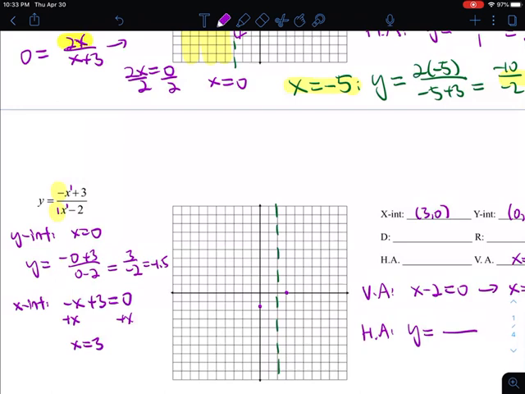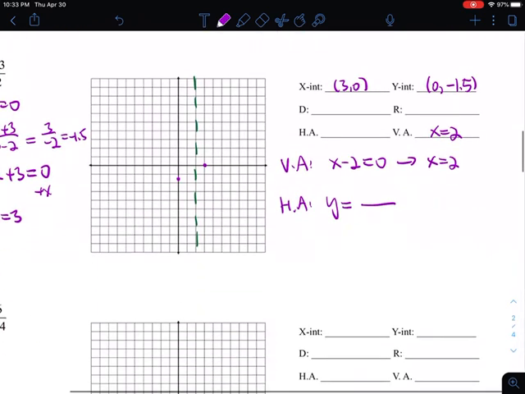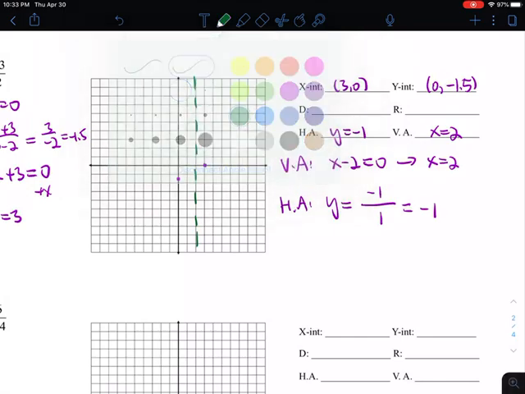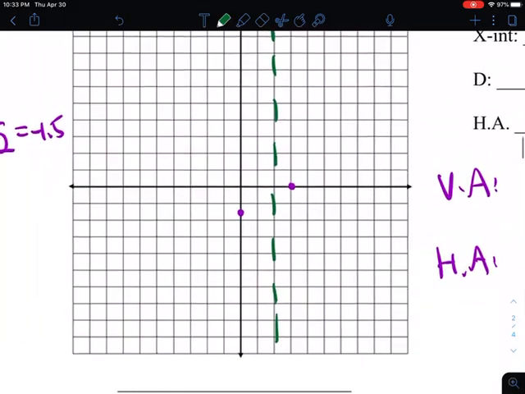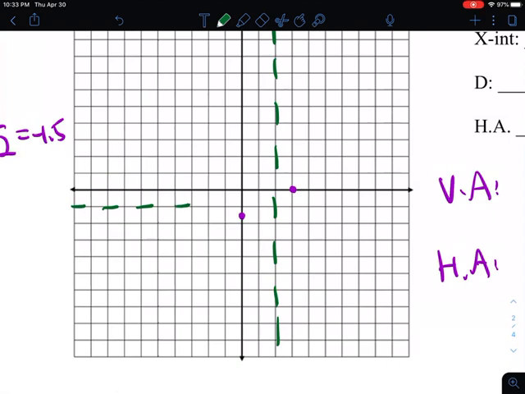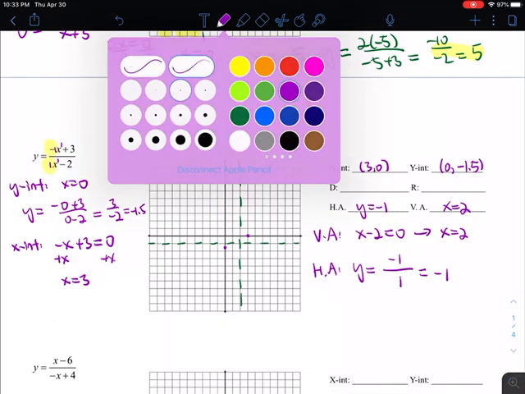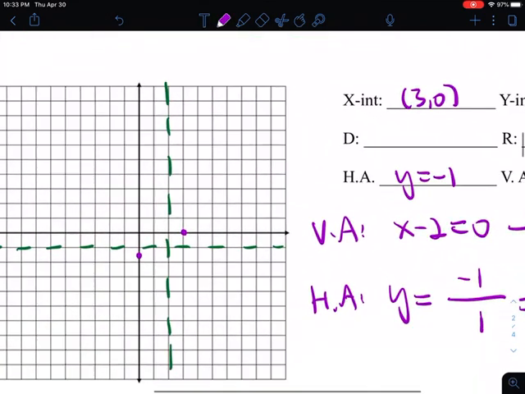And then on the bottom, again, it's just going to be 1. So -1 over 1 is -1. So we have y is equal to -1. And let's go ahead and graph that as well. So y equals -1. It's going to be right over here.